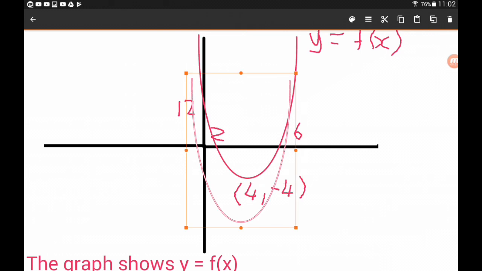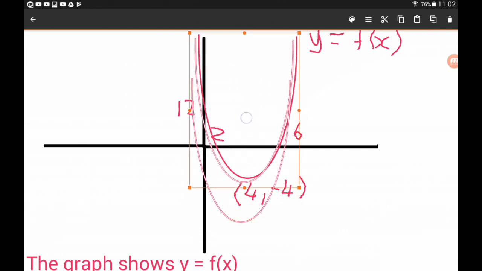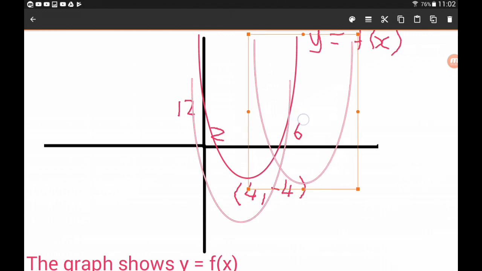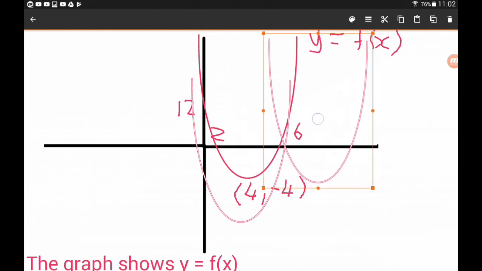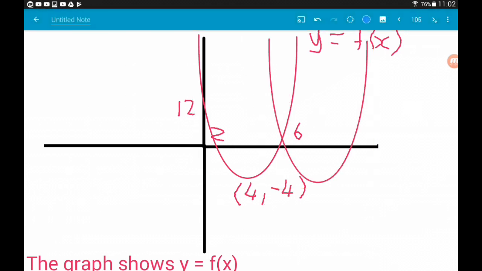The graph isn't changing shape at all, it's moving 4 places to the right. So the left-hand x-intercept is going to cross at 6, and the right-hand x-intercept is going to be 4 places on from 6, so this one is going to be 10.